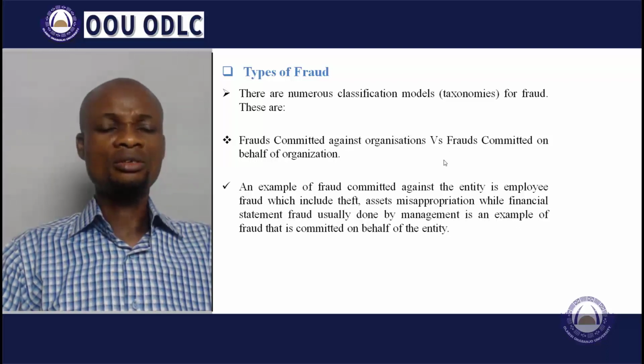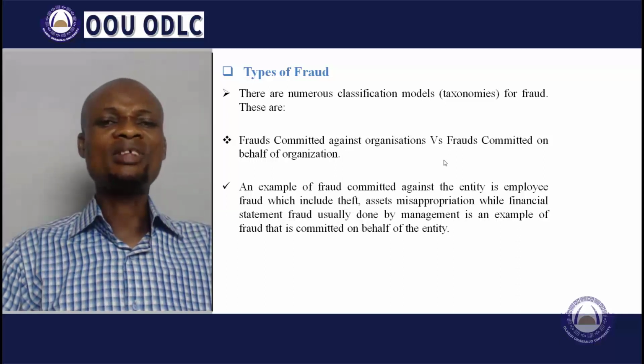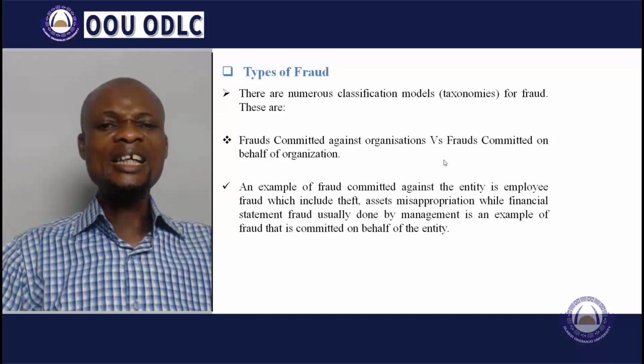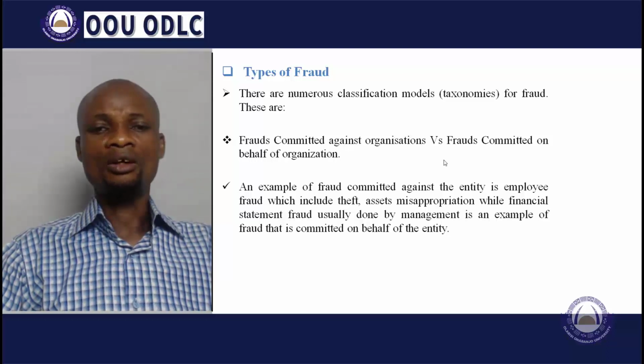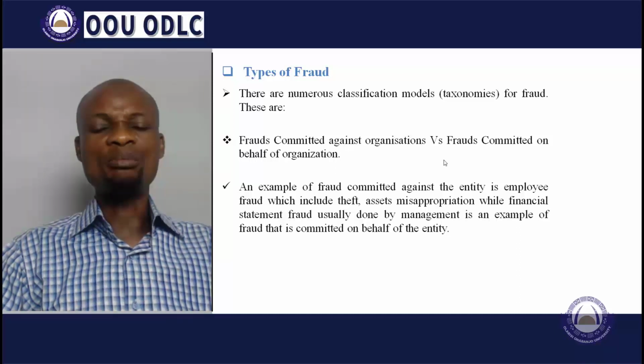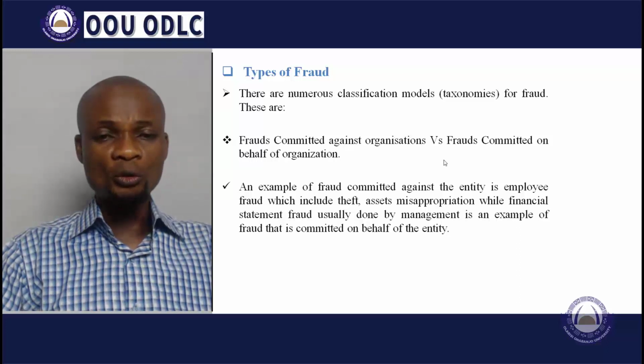Now that we know the definition of fraud, we have certain frauds that are committed against the organization, and here we have employee fraud. That is the theft of company property or company funds, asset misappropriation. All these are fraud committed against the organization, and they basically involve employee fraud.